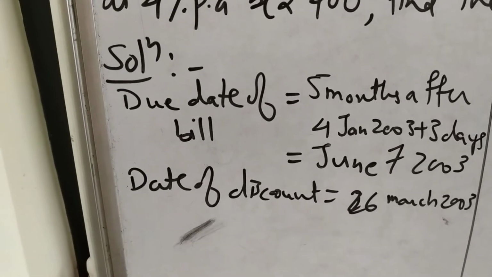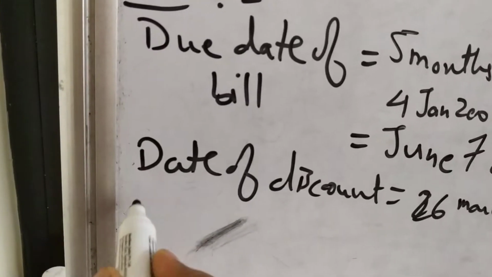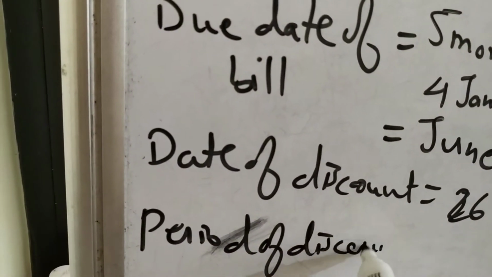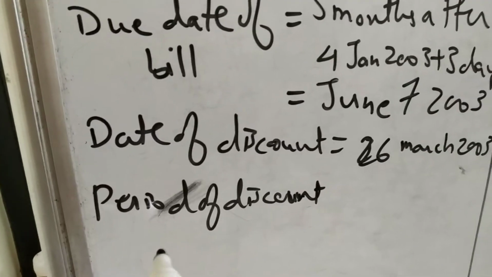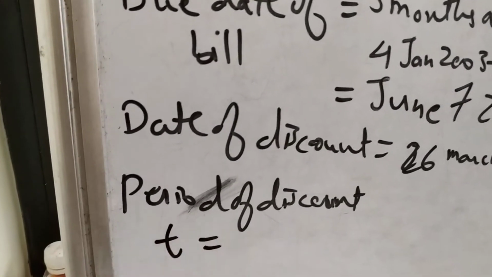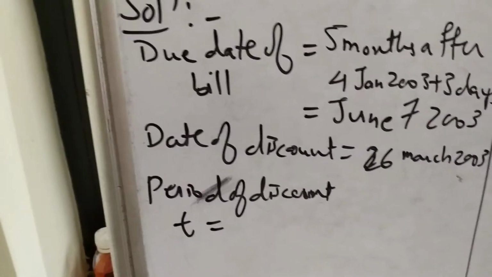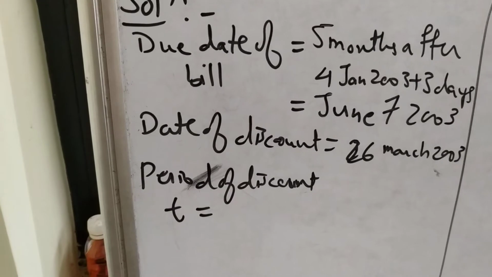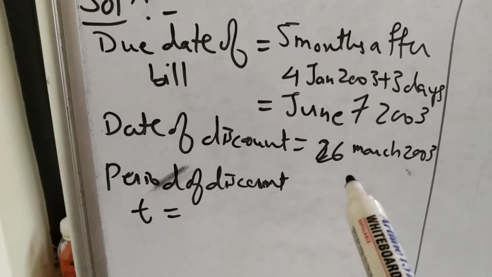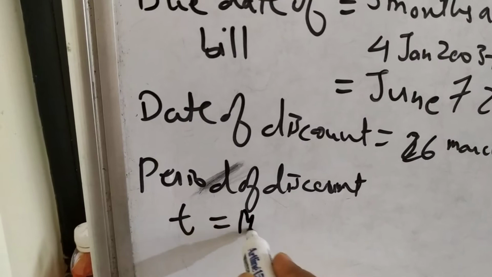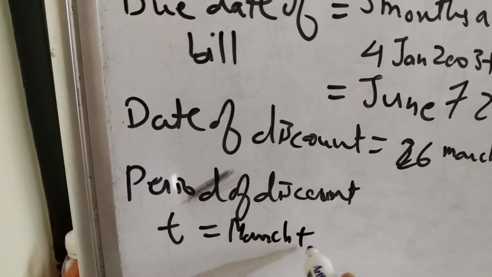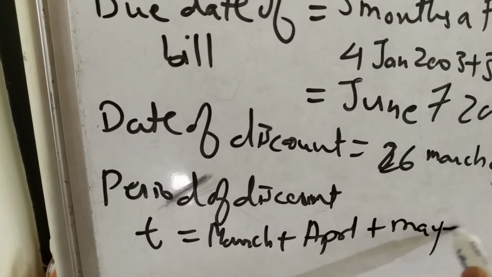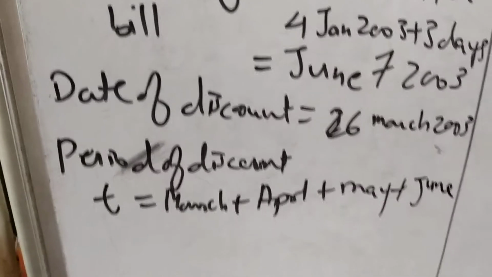So to calculate the time period, we need to calculate the period of discount, T, which is the number of days from the date of discount to the due date. The bill was discounted on 26 March, so we have to calculate the number of days of March plus April plus May plus June.